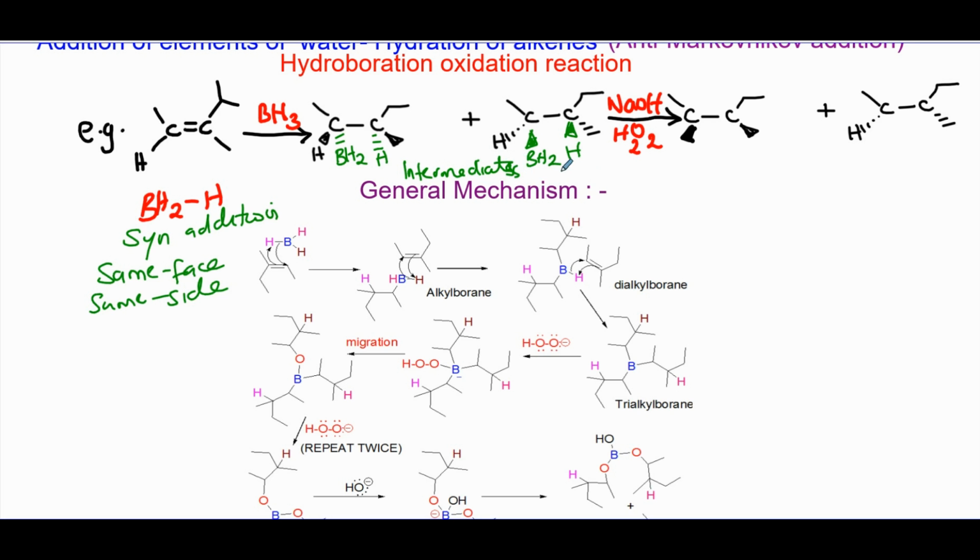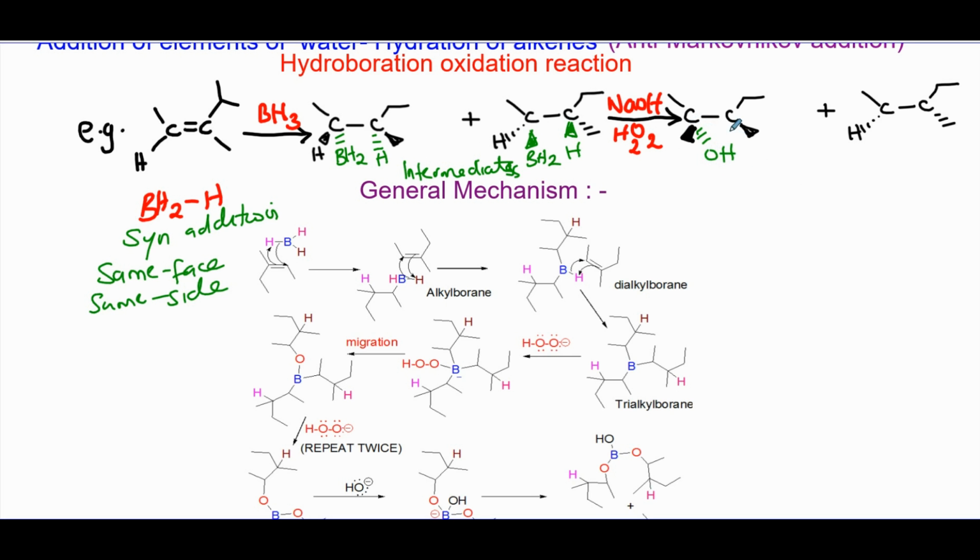which when oxidized, this is the oxidation step, because this is the hydroboration step. You're adding a hydrogen, the borane, which when you oxidize these intermediates, you're gonna replace the BH2s with OH. That means you're forming an alcohol, keeping the stereochemistry.